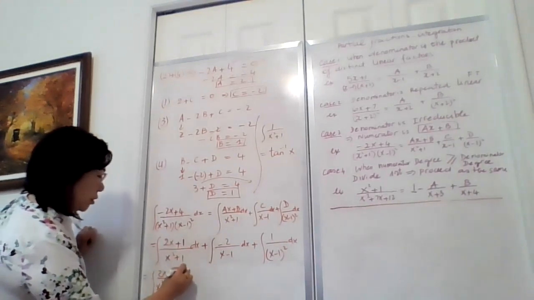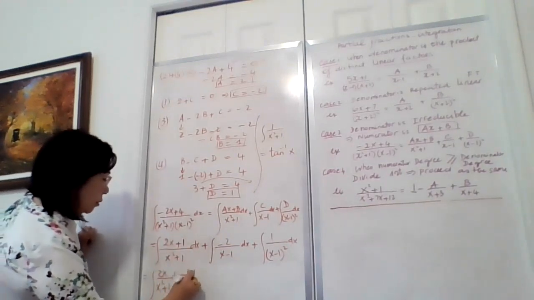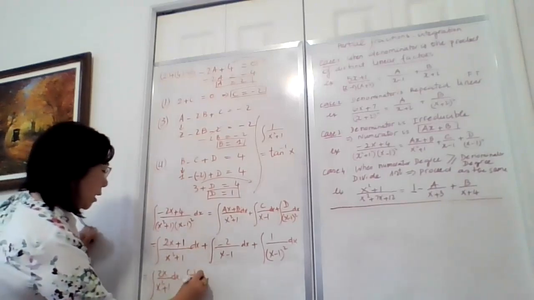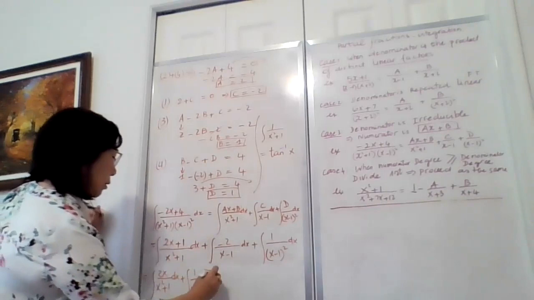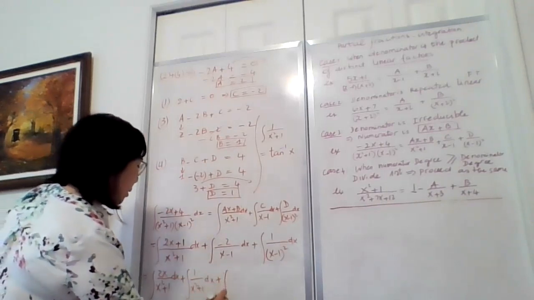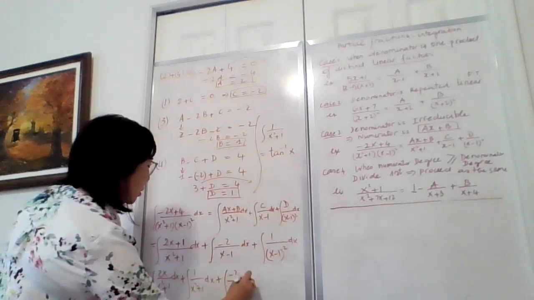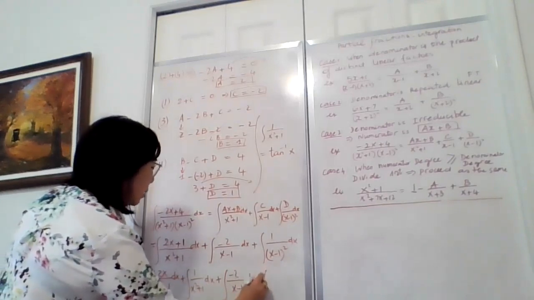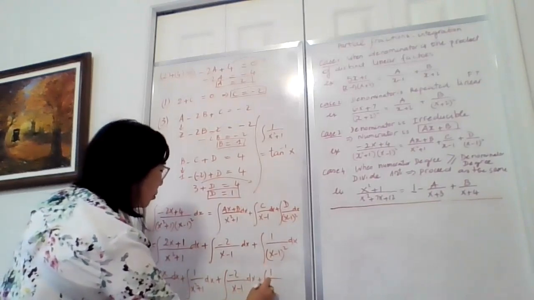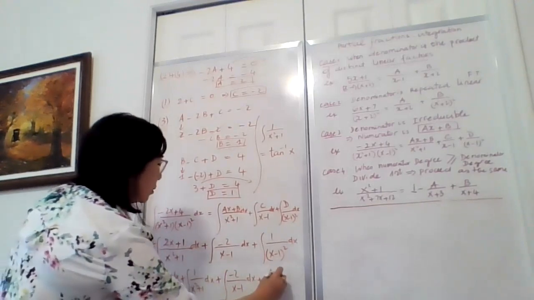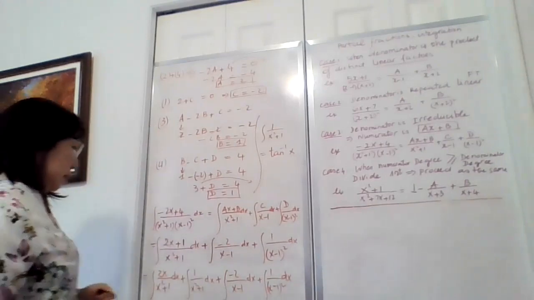Adding the second fraction, 1 over x squared plus 1, dx. And adding with minus 2 over x minus 1, dx. Adding with 1 over x minus 1 squared, dx.